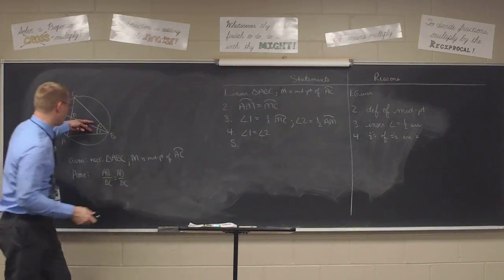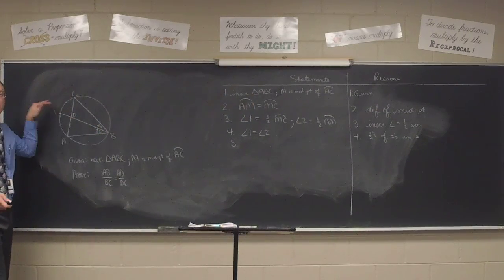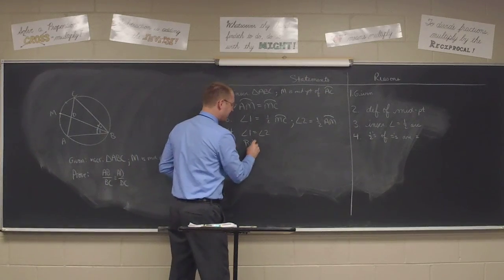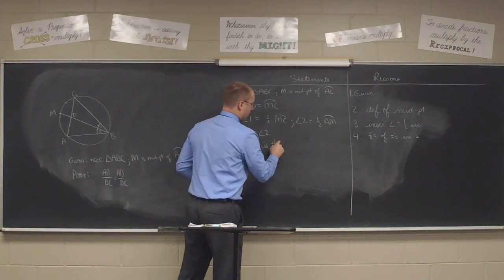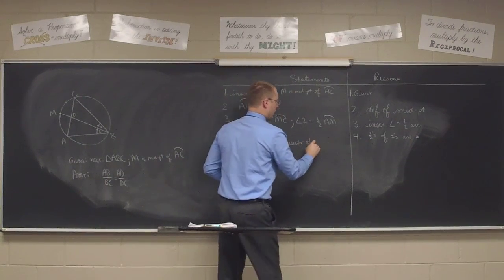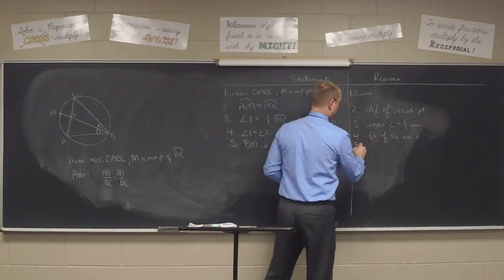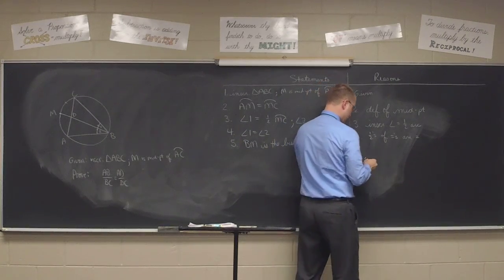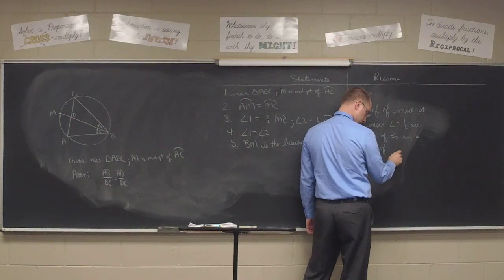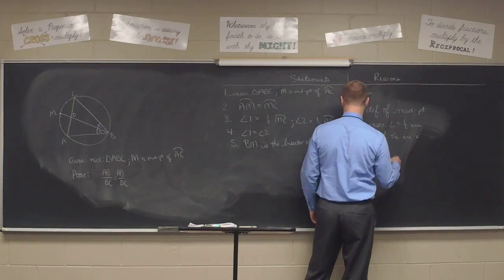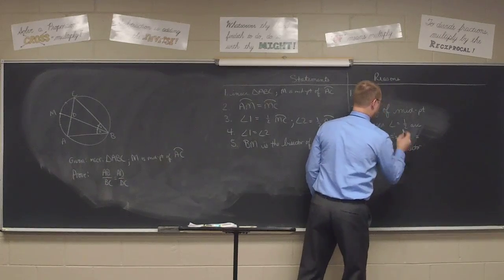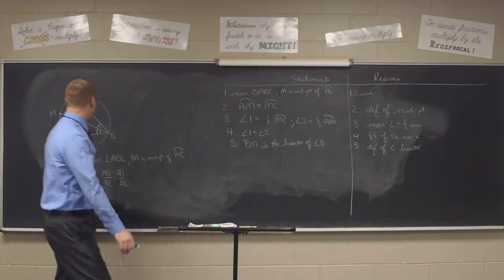Since 1 and 2 are equal, you said that BM is a... So let's go ahead and state that. BM is the bisector of angle B. And the reason, of course, definition of angle bisector. Right, it bisects the angle.